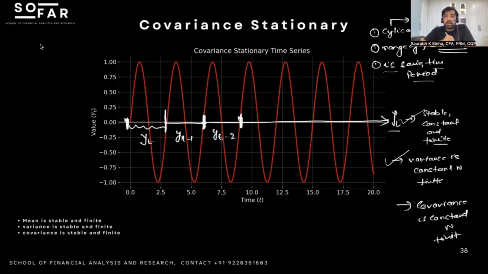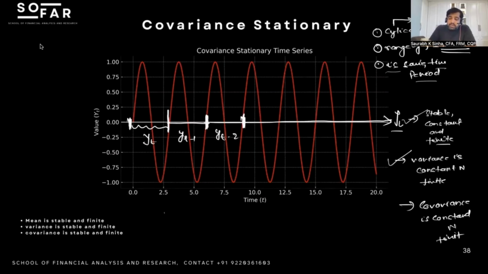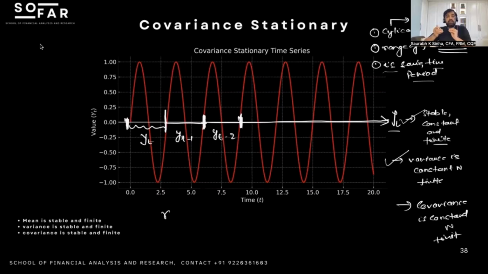What it means is that when I say covariance is stable and finite, I'm also saying the correlation is stable and finite. The correlation between YT and YT minus 1 is constant and finite.